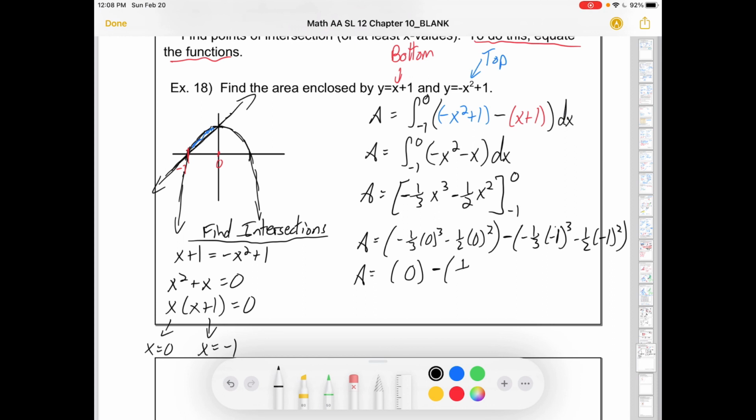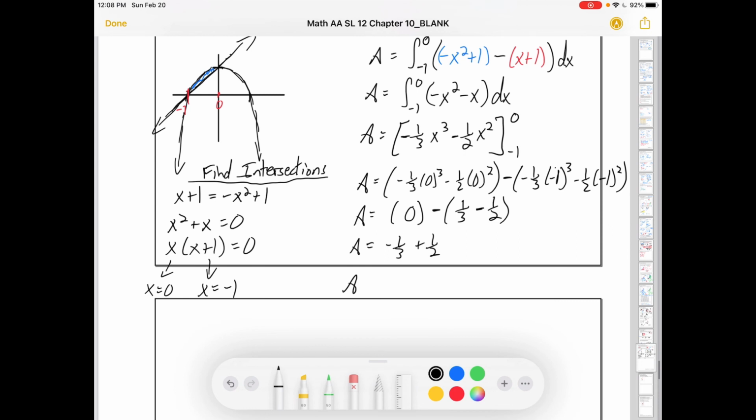That'll be a positive, so 1/3 minus 1/2. So essentially we have -1/3 plus 1/2, common denominator, -2/6 plus 3/6. That area is very small, just like we expected, and it is 1/6 units squared.